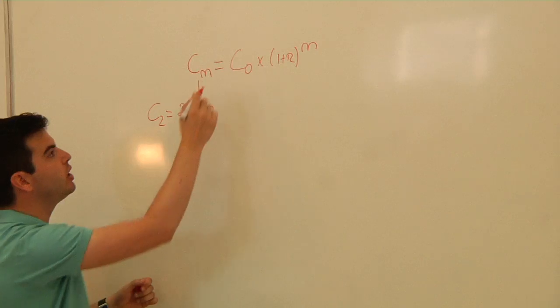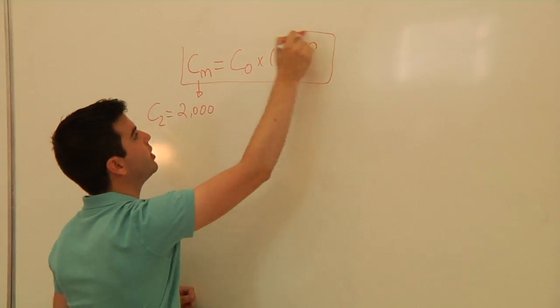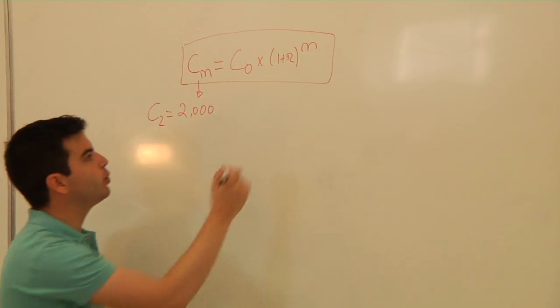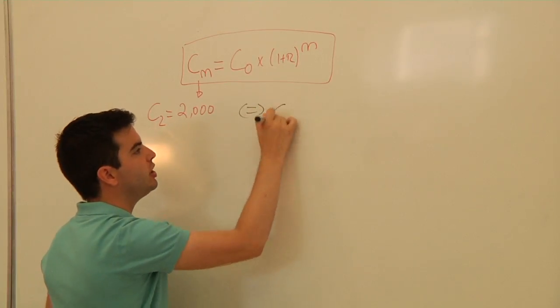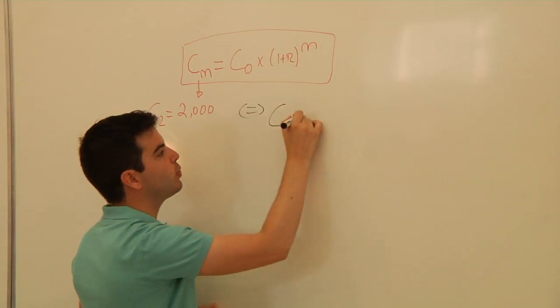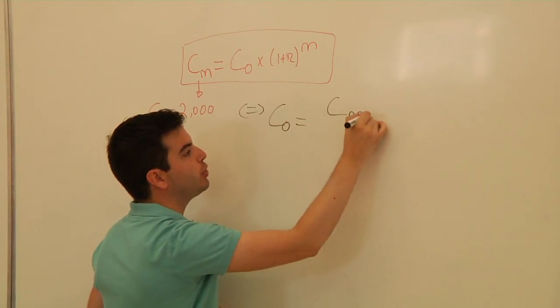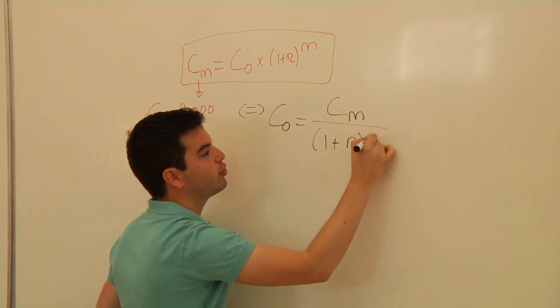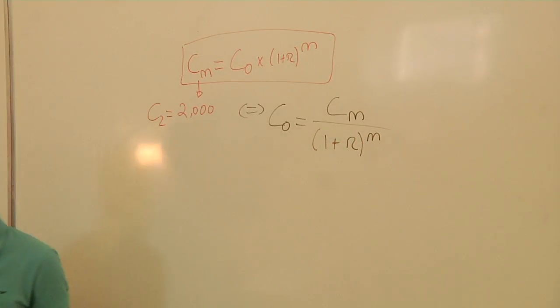So what we are doing is looking at this formula and inverting its calculation. So this here will become this. The initial capital you need will be equal to the capital you will have after some years divided by (1 plus r) to the power of n.